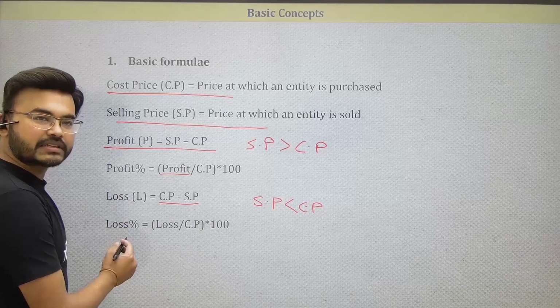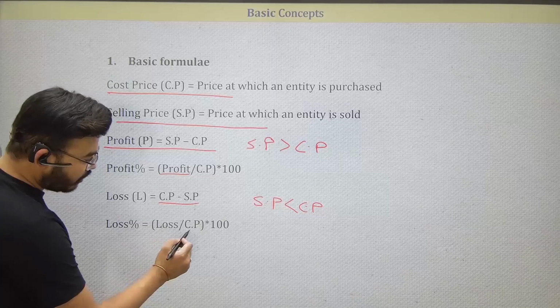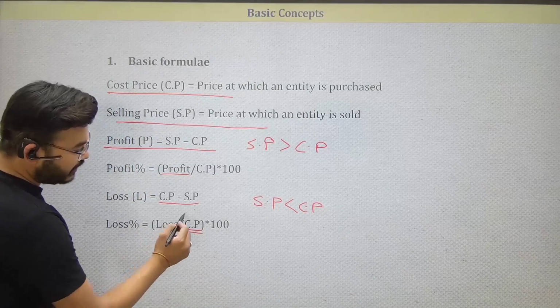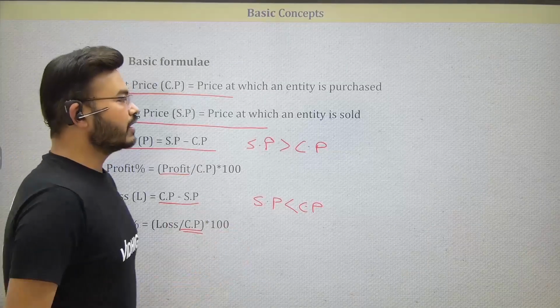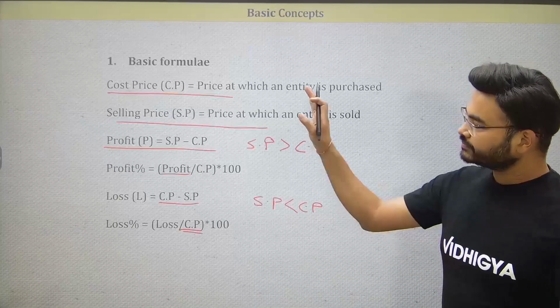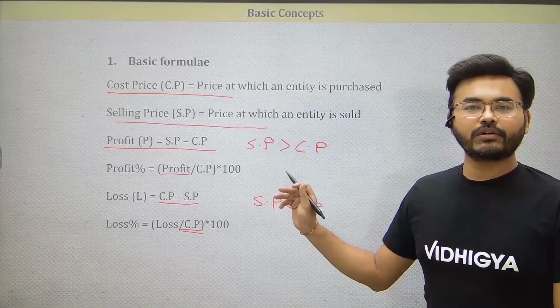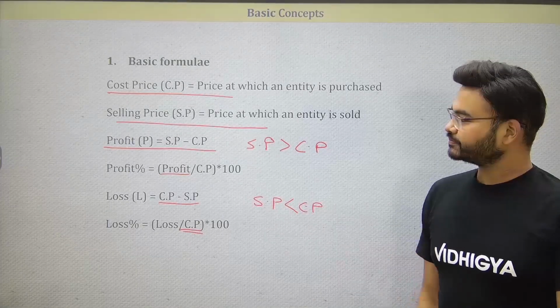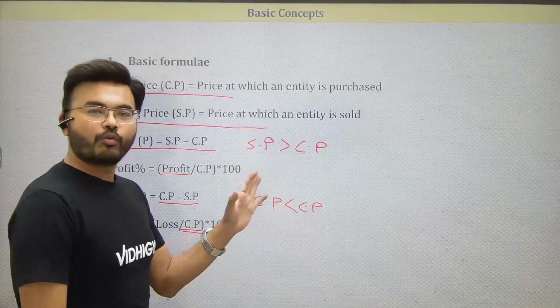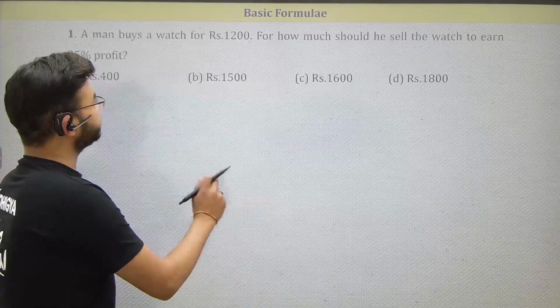And the loss percent, again, will be calculated on cost price. So loss percent will be loss upon CP into 100. So these are some of the basic formulas that you need to know about profit and loss. Now let's move on and try to solve some conceptual problems related with these formulas.